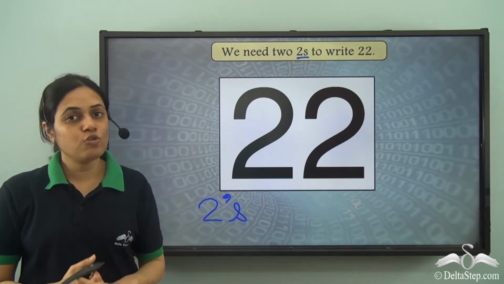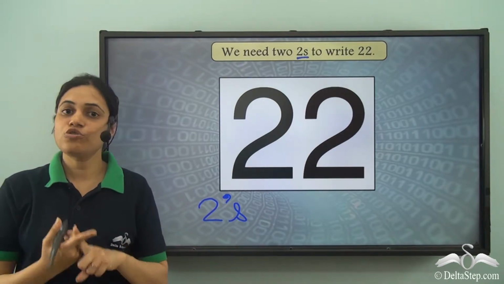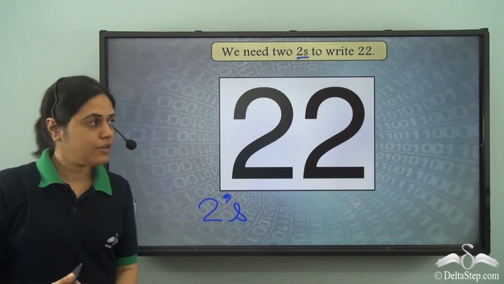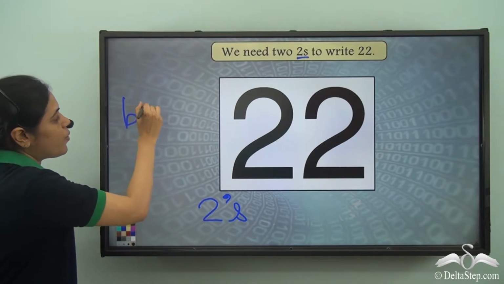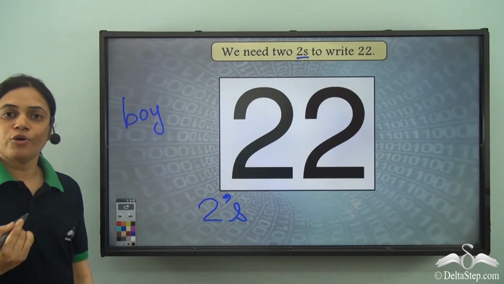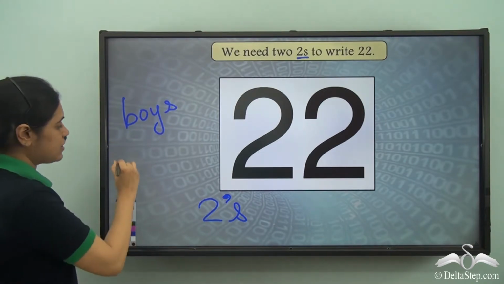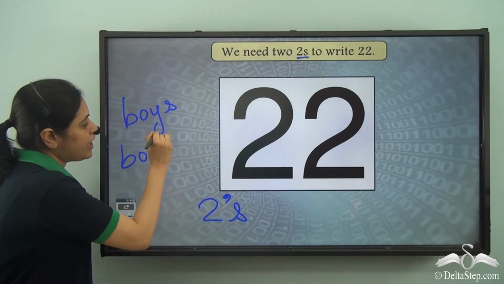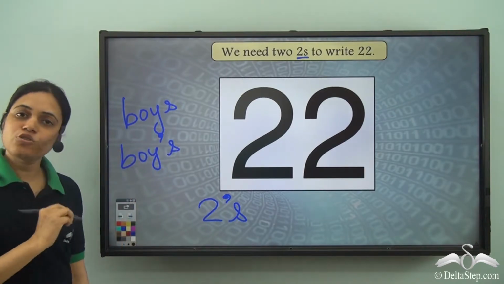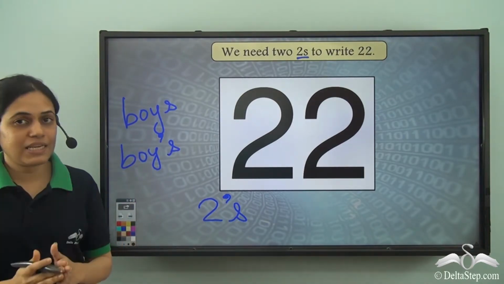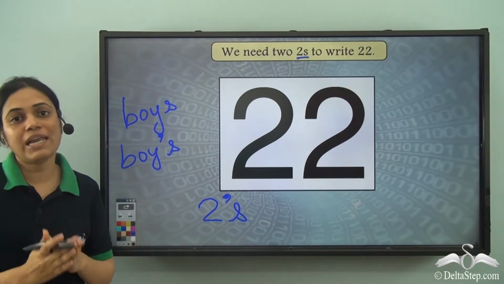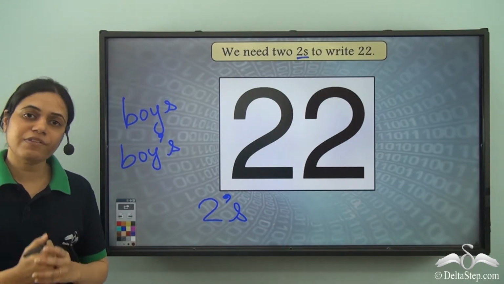Normally we use apostrophe S to show possession or belonging. So if I have boy, for plural I simply write an S, but I write boy apostrophe S to show belonging. But in case of numbers or letters, it is the other way round.